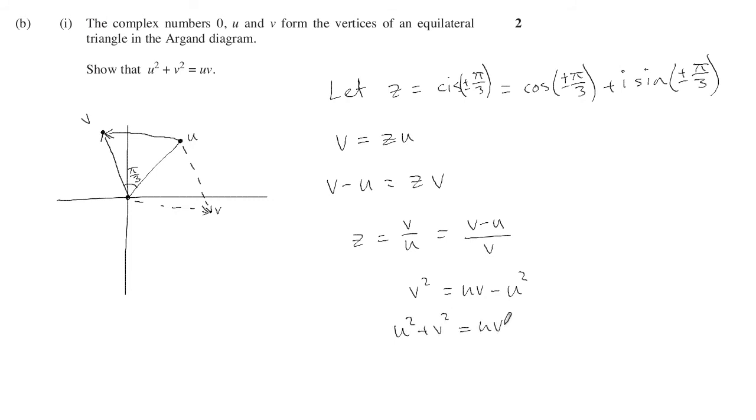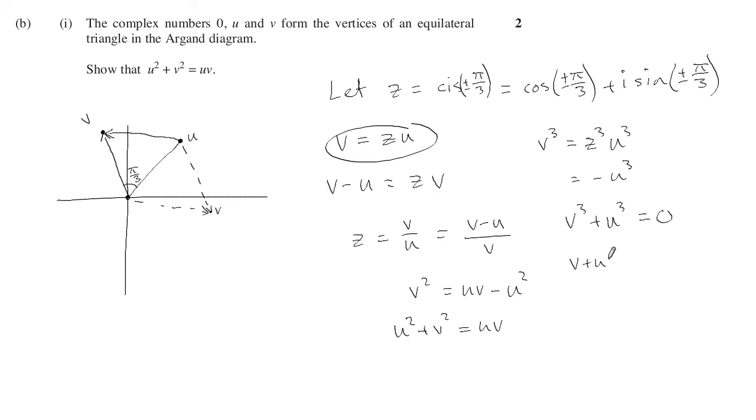Now, this isn't the way that it was done in the marking guide. What they did was they took this equation and they cubed both sides. So V cubed equals Z cubed U cubed. And then Z cubed is actually -1. And then we could rearrange this equation and then factorize that.